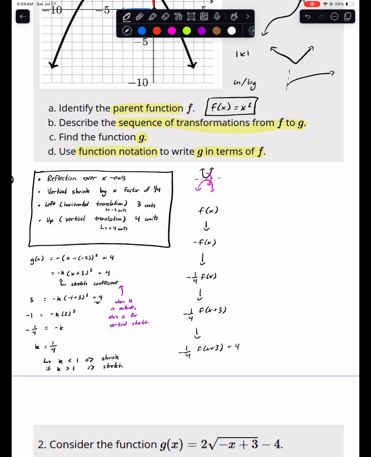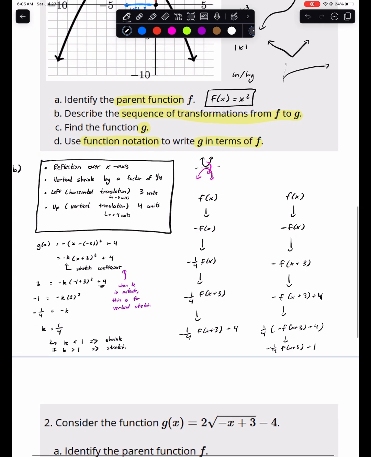Plus 4. Now, if you did it earlier, like reflection first, and then I went left, and then I went up, now when I do the 1/4, I do the whole thing, so it'll be 1/4 the entire thing, which gives me something a bit different, which is negative 1/4 f of (x plus 3) plus 1, because I am shrinking everything in the y.